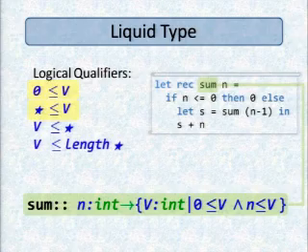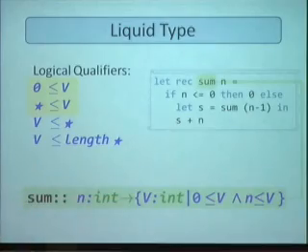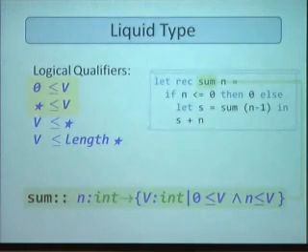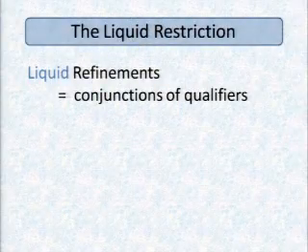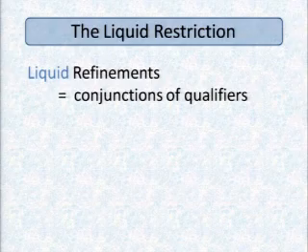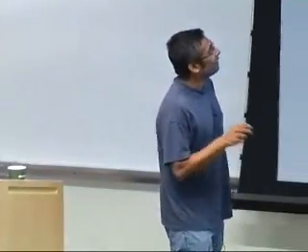Takes as input n and returns as output a value that's greater than 0 and also greater than n. Okay, so this wildcard, I can plug n in over there. And so I get value greater than 0 and value greater than n. So both of these are valid liquid types for this sum function. Okay, great. So let's just quickly recap. The liquid type restriction, this is really what makes everything possible, is that all the refinements are liquid.